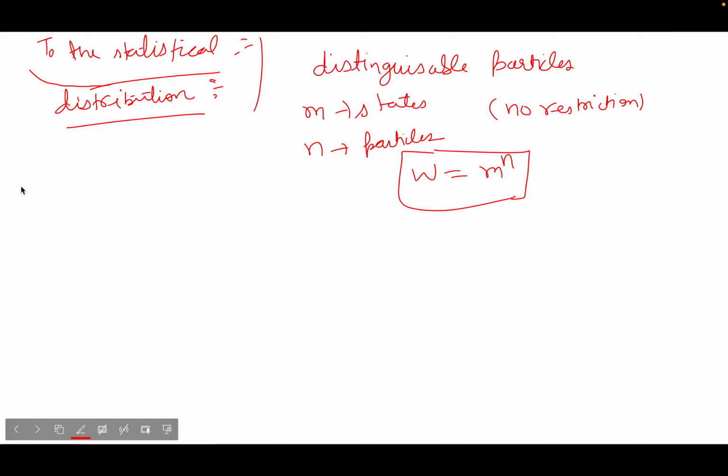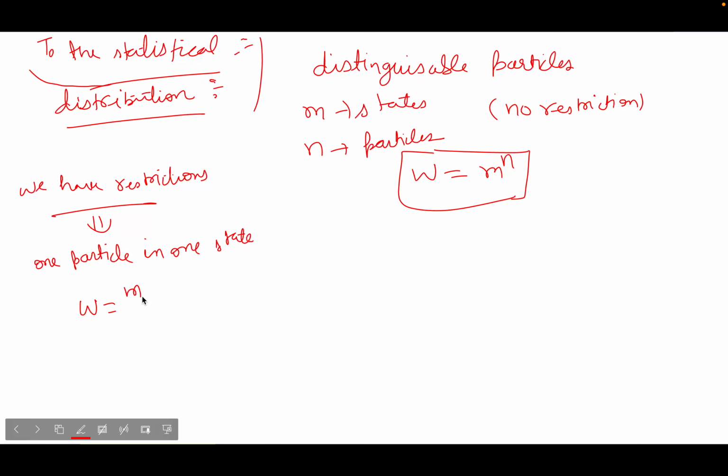Let's say we have restrictions, and there can be only one particle in one state. Now the distribution will be the permutation only, mPn. So m factorial divided by (m minus n) factorial. This is when one particle is in one state.